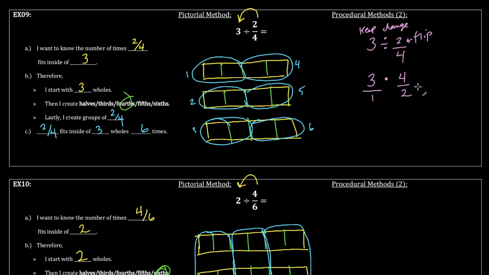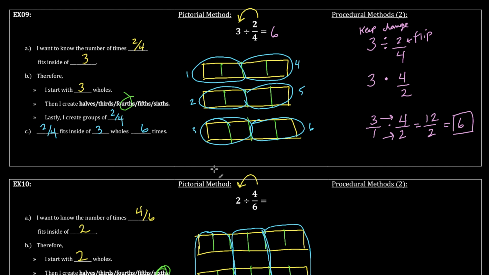We're going to multiply across. And we get 12 over 2, which simplifies to 6. And 6 was our answer.